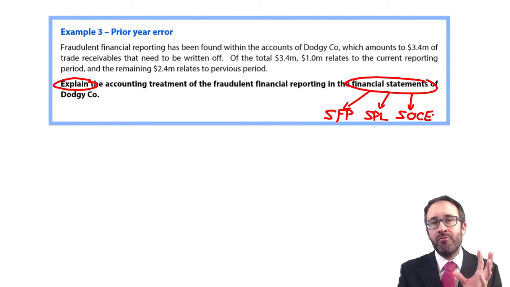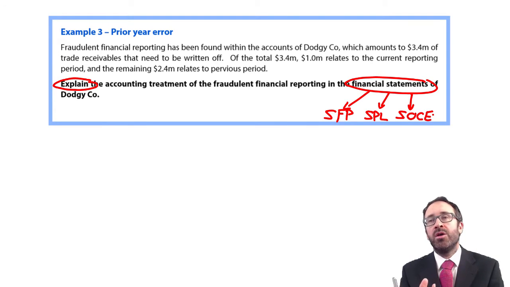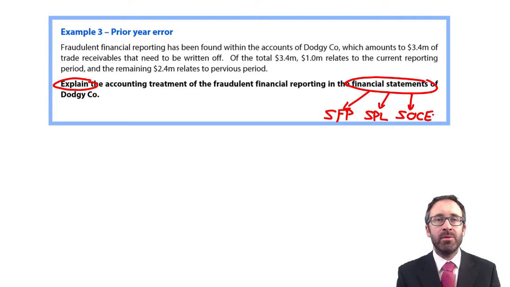That's always quite relevant for a question revolving around prior year errors, because you have to go back and retrospectively adjust your financial statements, with the adjustment being to your brought forward retained earnings through the statement of changes in equity. If you're asked to prepare a statement of changes in equity, it only tends to be for 4 or 5 marks. One of those marks at least is going to be for that prior year error.